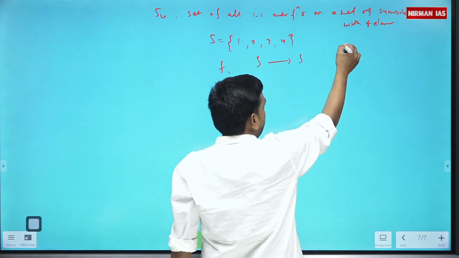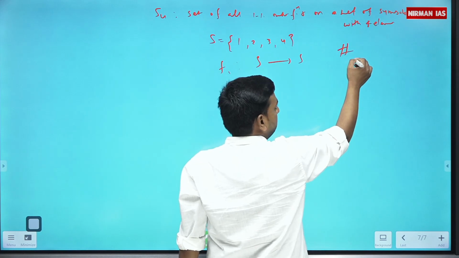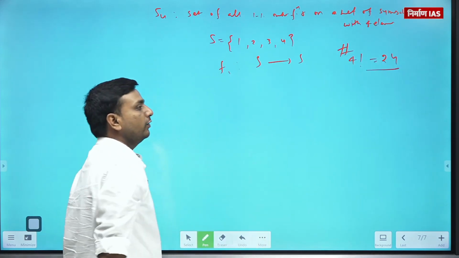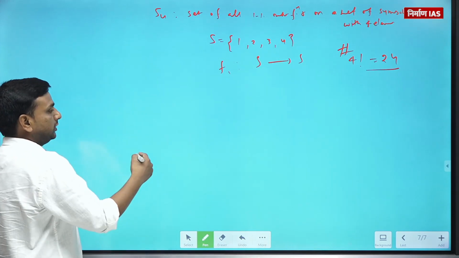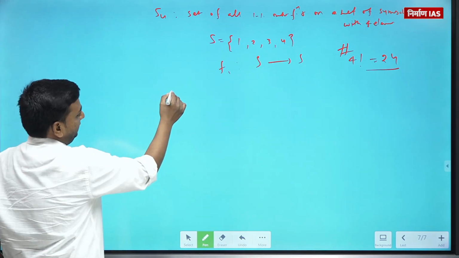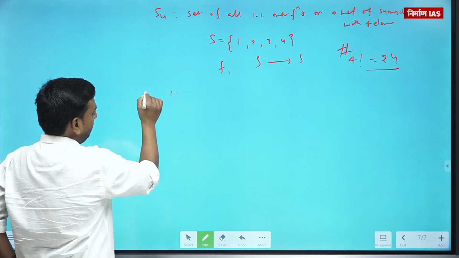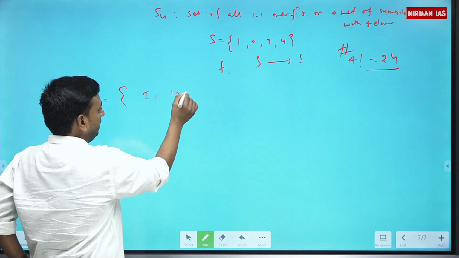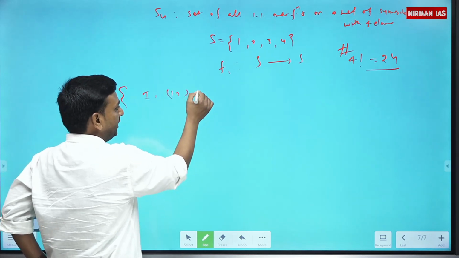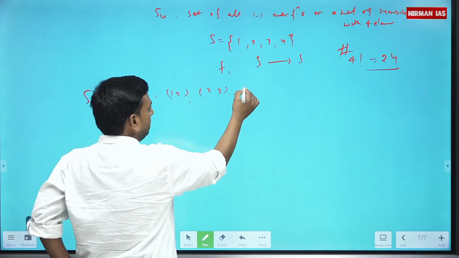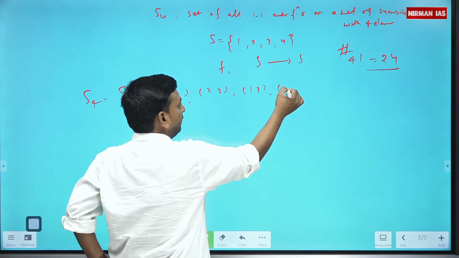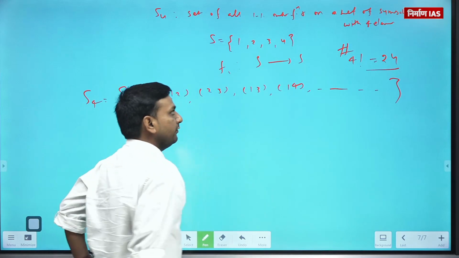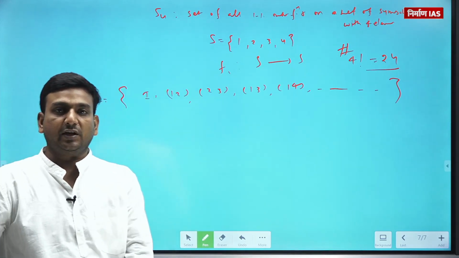And how many functions you will be getting is 4 factorial. That means 24. So you can write all those functions. If I take I, just I give you a hint, you can try. I 1 image 1, 2 ले लिया, 2 3 ले लिया, 1 3 ले लिया, 1 4 ले लिया, and like this you can write all those 24 elements of this S4.